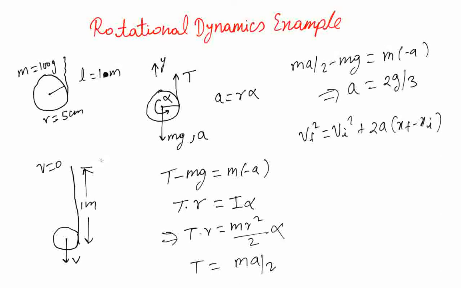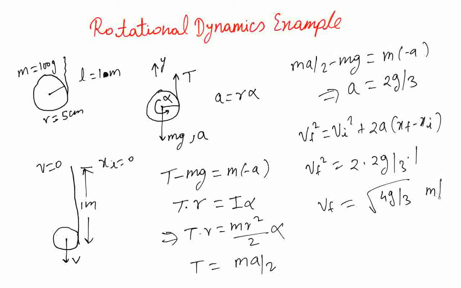Let's assume xi to be 0. Doesn't really matter because we are interested in the difference xf minus xi. Well, that's what is given. xf minus xi is given to be 1 meter. So Vf squared equals, Vi is 0, so that gives me 2 times 2g over 3 times 1. So Vf squared turns out to be 4g over 3.